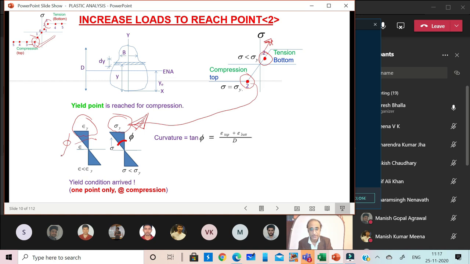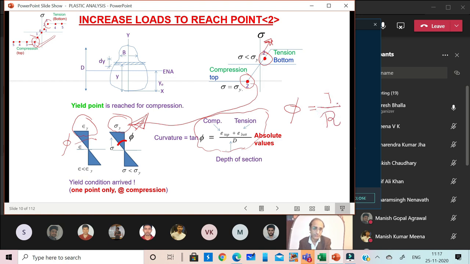So the tangent of this angle is basically the curvature, and because the curvature itself is very small, tan phi can be approximated as tan theta itself. So basically this gives us a measure of the curvature of the section. And what is curvature? Curvature is basically the inverse of the radius of curvature during the bending of the section. So this is the curvature.